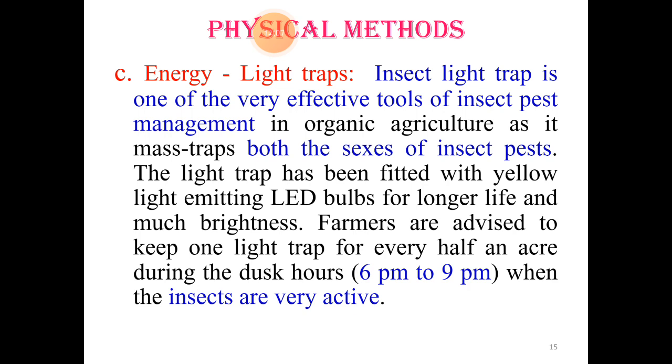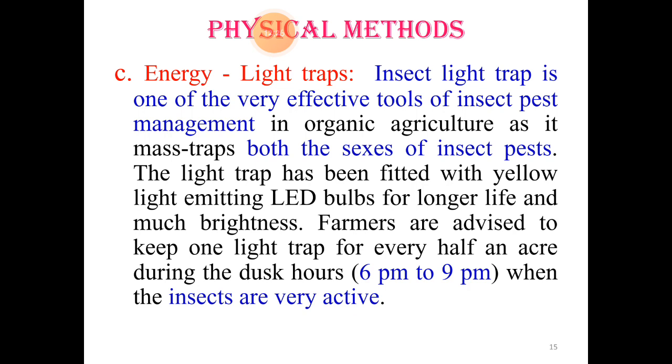Next is light. Most insect pests are attracted by light, as what we have understood just now. Bright yellow light is an example for attracting nocturnal insects or the insects that are active during night.